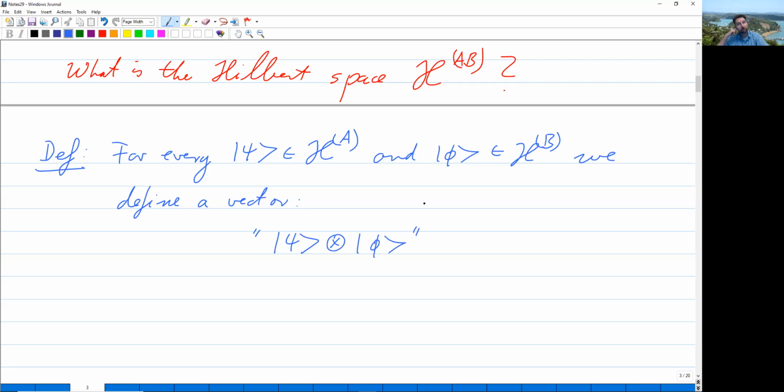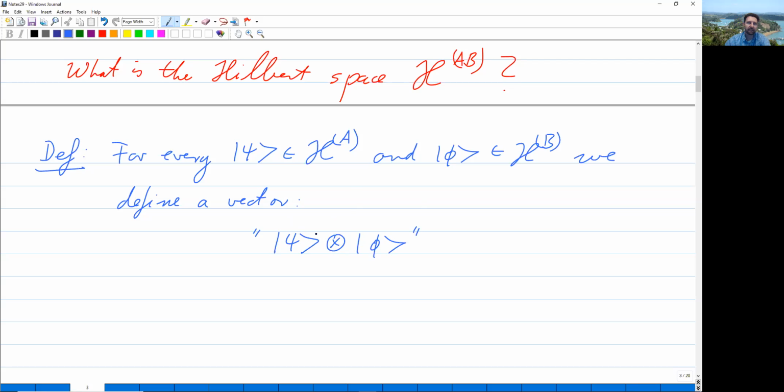At the moment, by writing this, we are really just inventing a way of writing things. Okay, so I'm not assuming that you know anything about this symbol, which will be called tensor product, just yet.